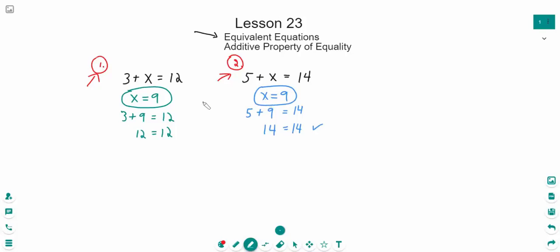Let me say that again. All the solutions for this equation are the solutions for this equation. And I could say that in reverse, too. All the solutions for equation number 2 are solutions for equation number 1. And that is what we call equivalent equations.